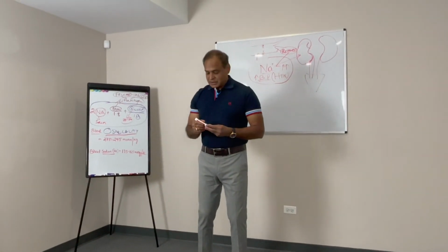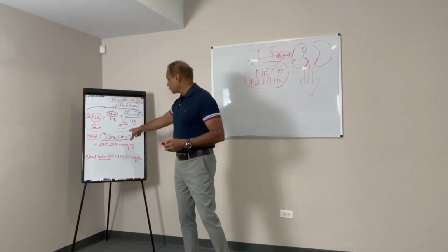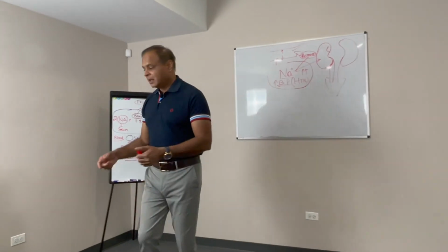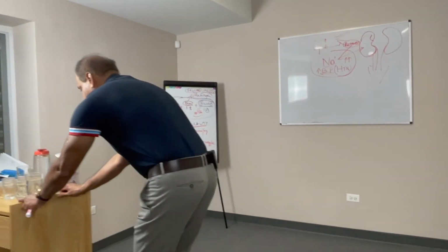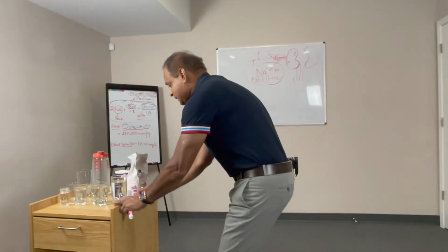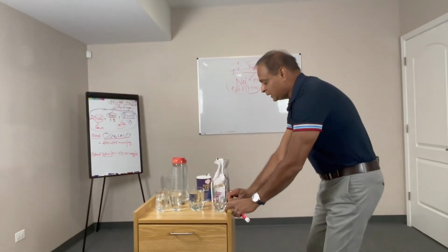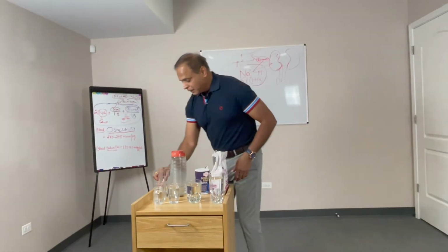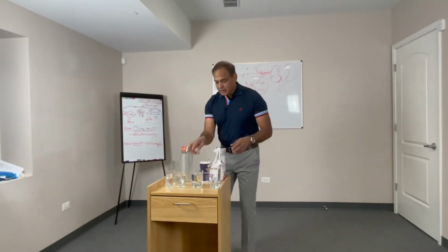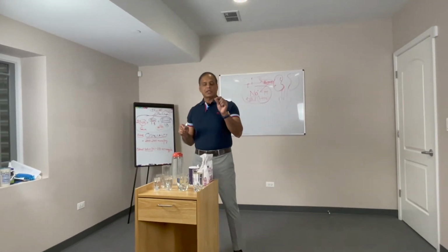For you to understand that, because I will explain this whole phenomenon one more time, I will give a small demo and you will understand exactly what I am saying. So what is osmolality?